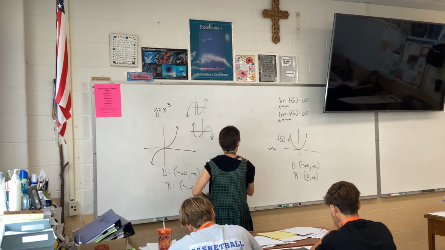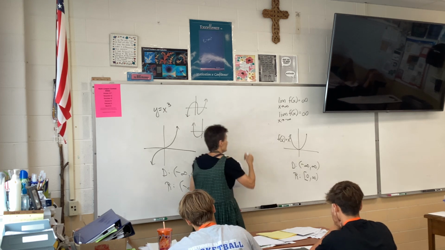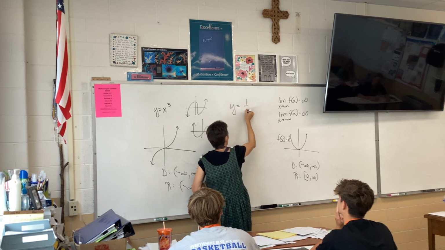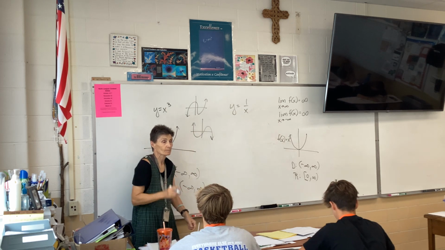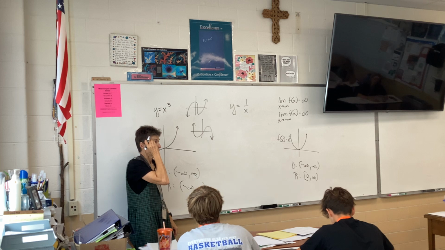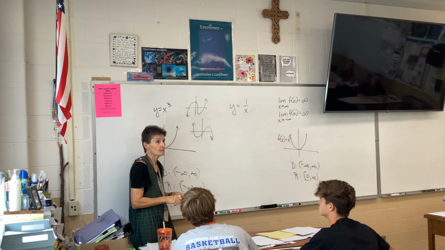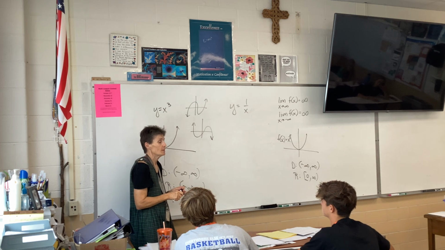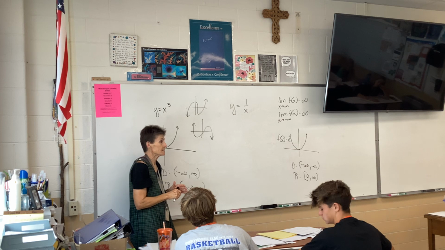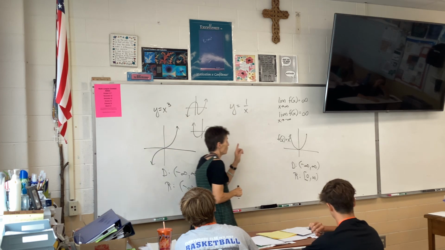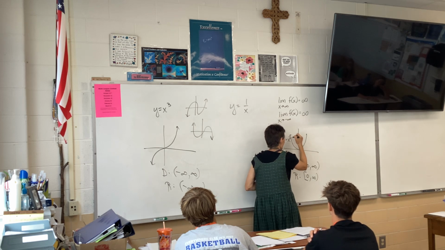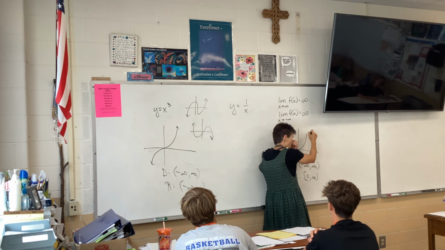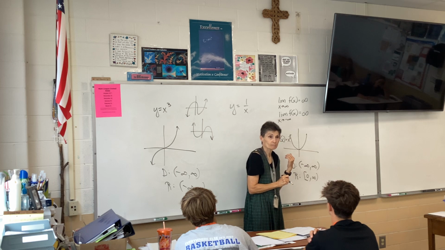Now we've got the reciprocal function, which is the equation y equals 1 over x. Now, this one is our first what we call discontinuous. When I graph a parabola, I can graph the whole thing without lifting my pencil.